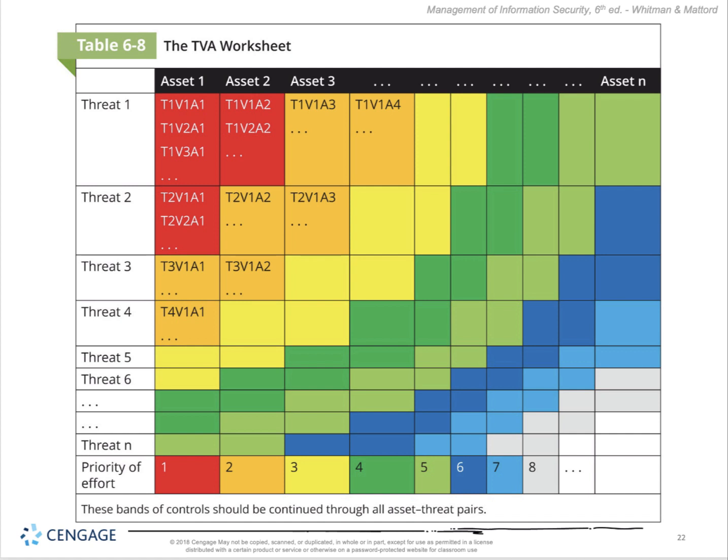Now that you understand the relation between threat and the asset, and you are now capable of measuring that impact, you want to build a worksheet similar to this one.